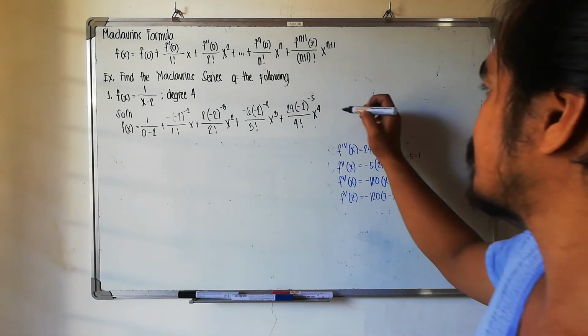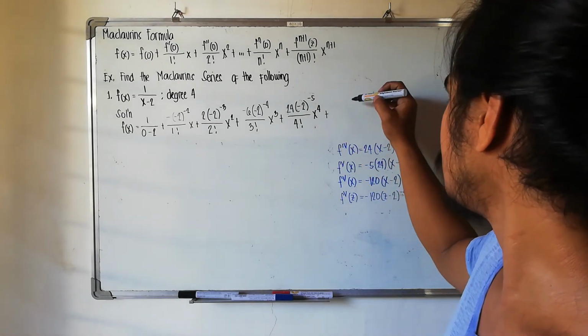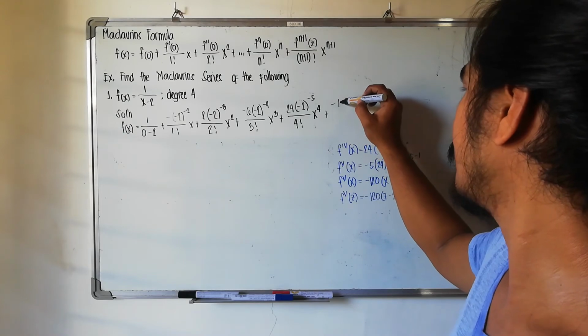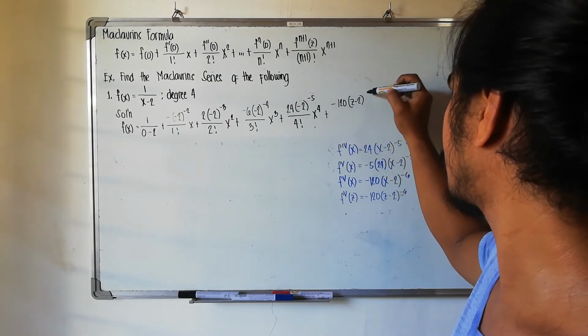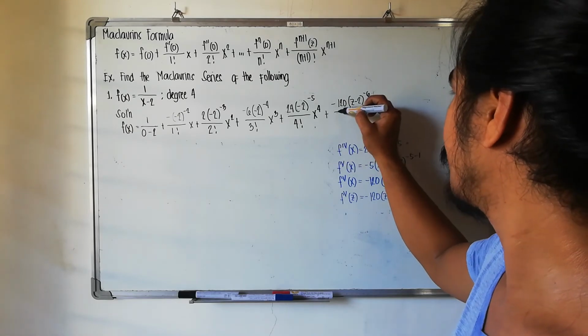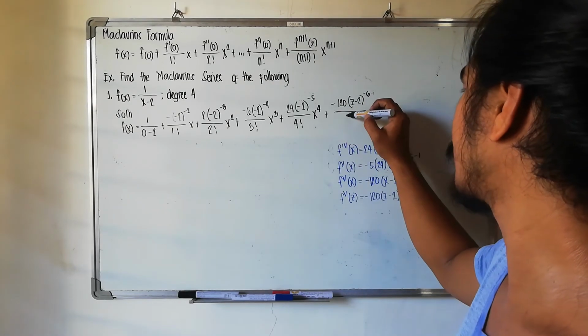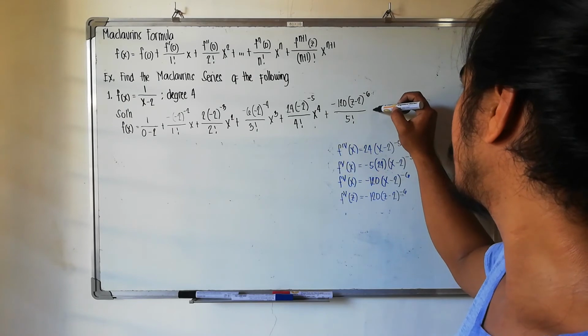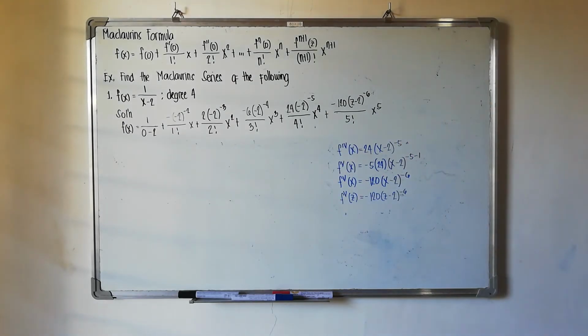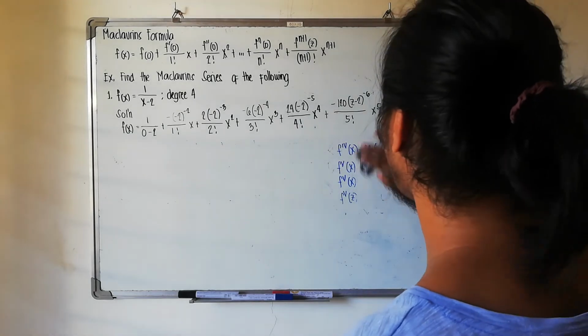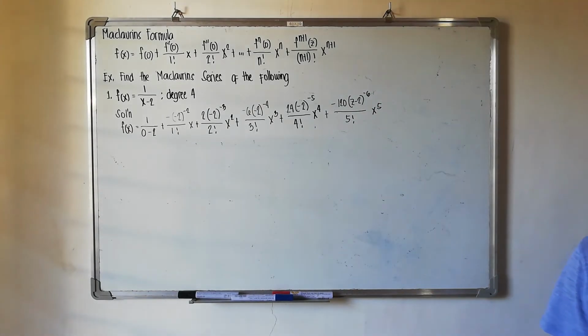So this is plus negative 120 times z minus 2 raised to negative 6 over 5 factorial times x raised to 5.